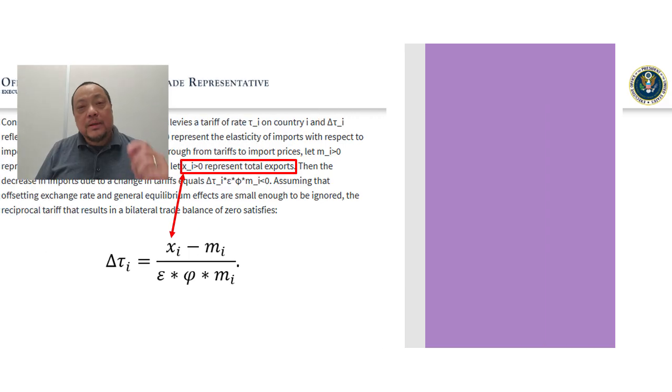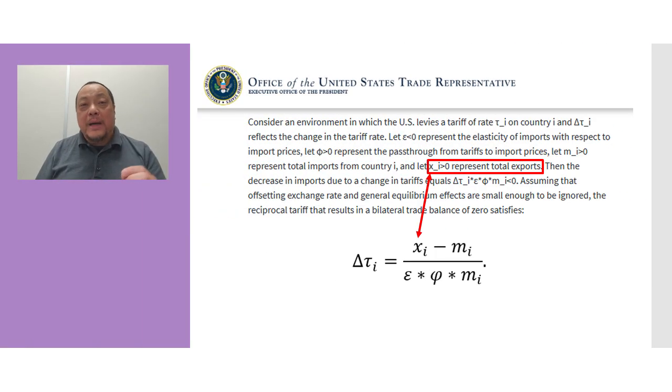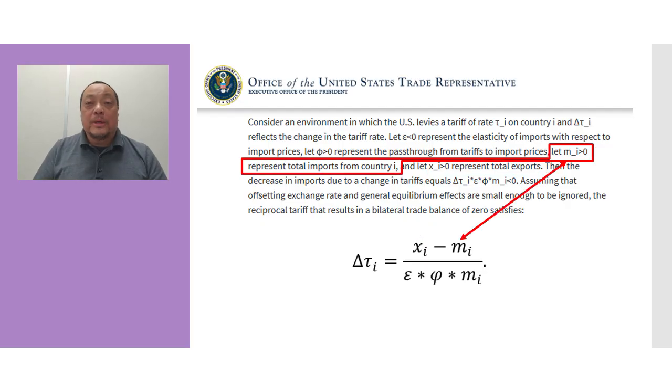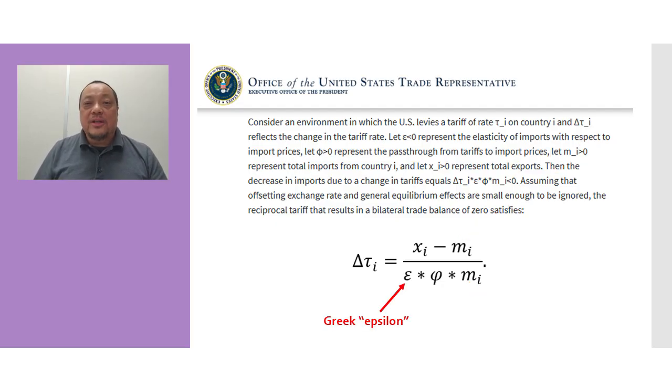Let's move on. This letter X with subscript i represents total exports from the US to that country. The letter M with subscript i represents total imports into US from that country. The M subscript i appears again down here. That leaves two Greek letters. This is epsilon.